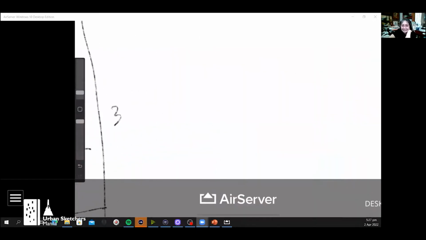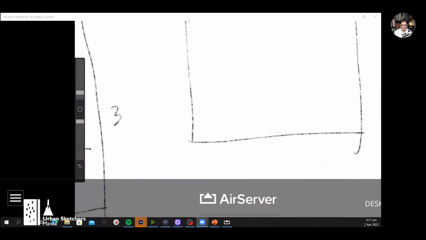Let's go to another page. This is what Ma'am Eileen says now. First, determine the horizon line. If you want to be much better, it is usually one third from this line.